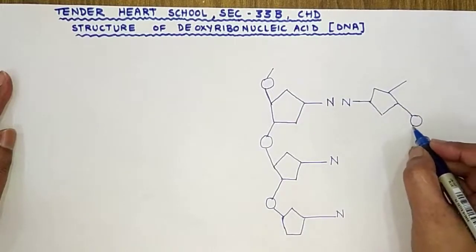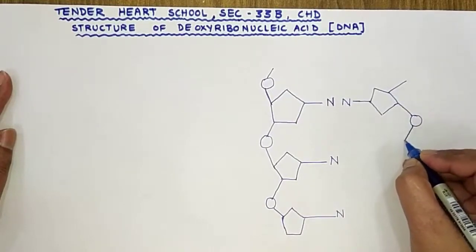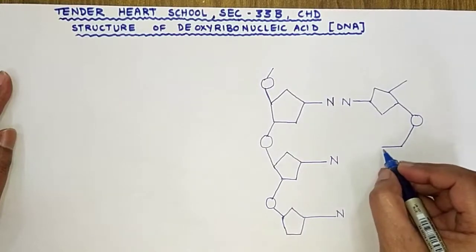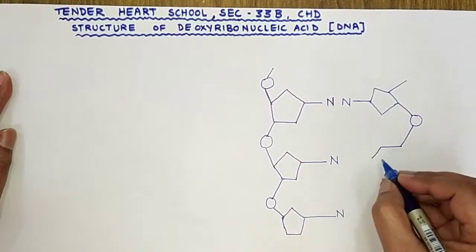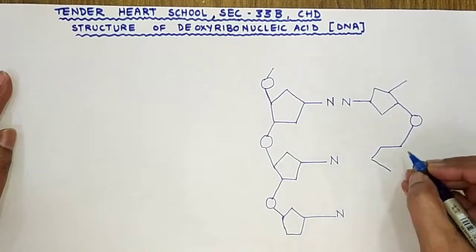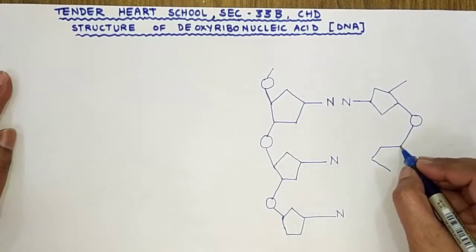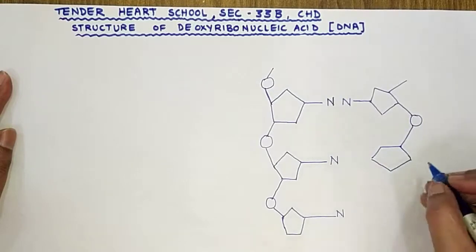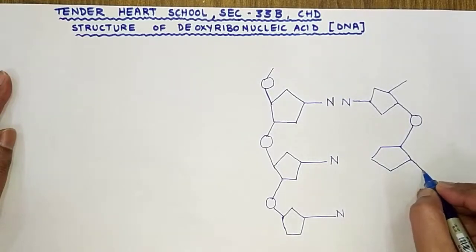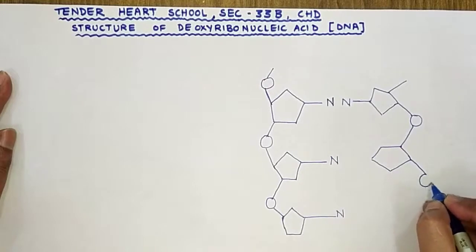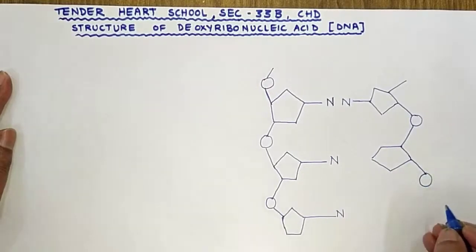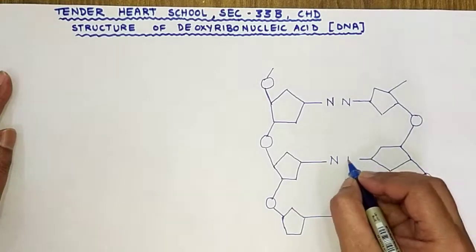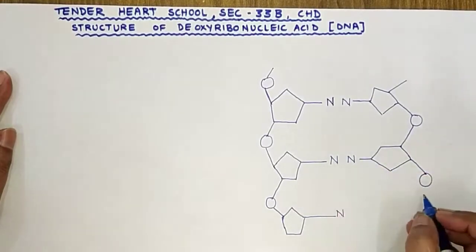Now similarly, let us draw the second nucleotide. So here again we have the pentose sugar. Pentose sugar is again attached to the next phosphate molecule. This side we have the nitrogen base, right?